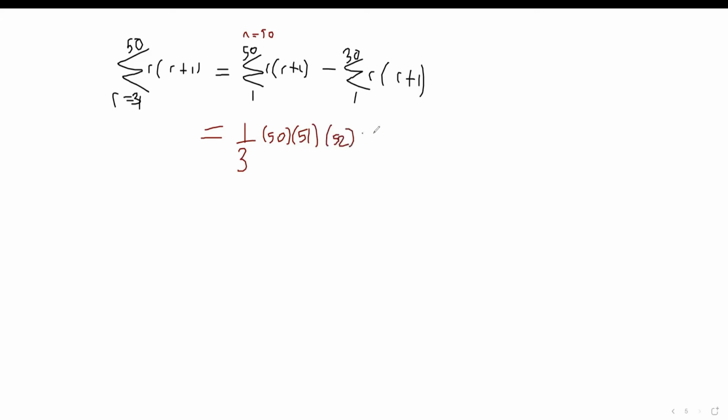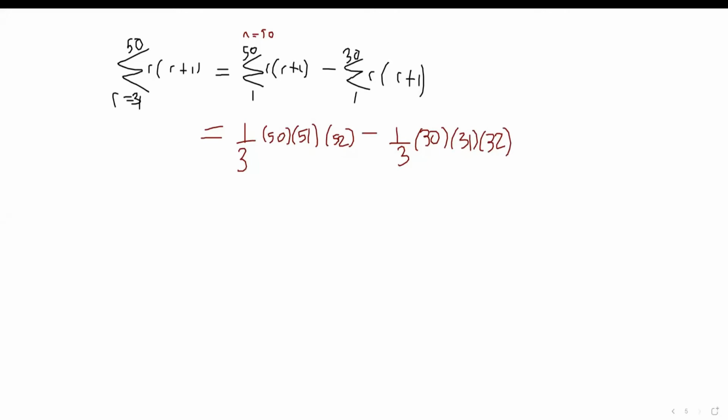Minus the sum from 1 to 30, which is going to be 1 over 3n, which is 30, times n plus 1, which is 31, times n plus 2, which is 32. Yeah, this is what we get. So let's go ahead and work this out.